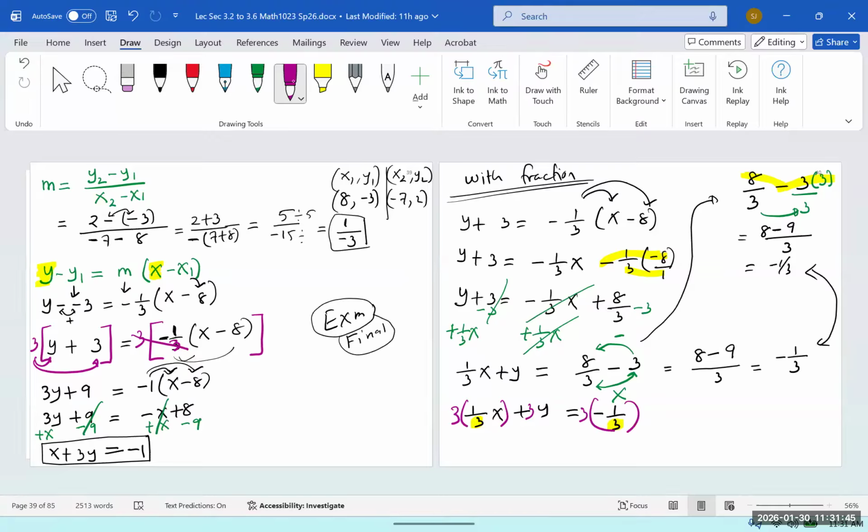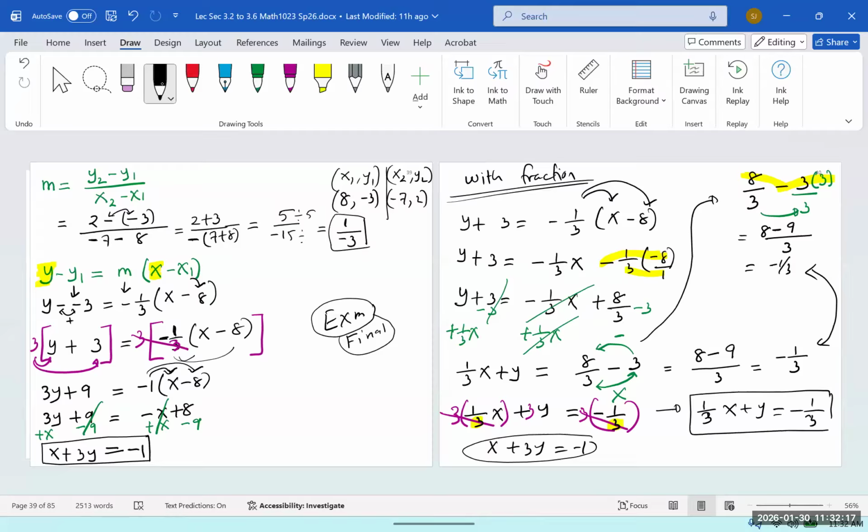And if you have different denominators, then multiply each term by the LCD of the denominators. So this denominator cancels out, this denominator cancels out, and you have 1x, 3y equals -1. With the fraction, it will look like 1/3 x plus y equals -1/3. This is not wrong, but this is not acceptable because it's not in the multiple choice.